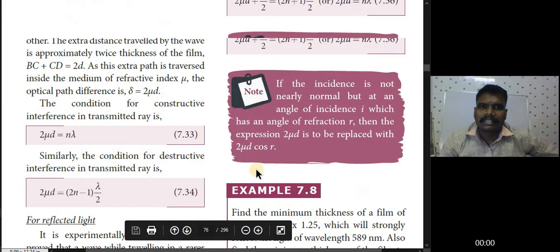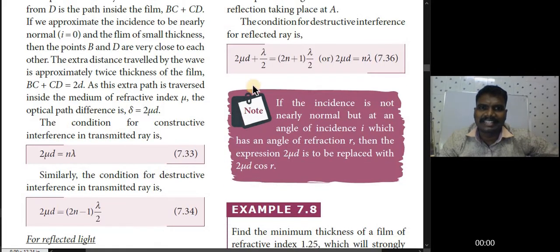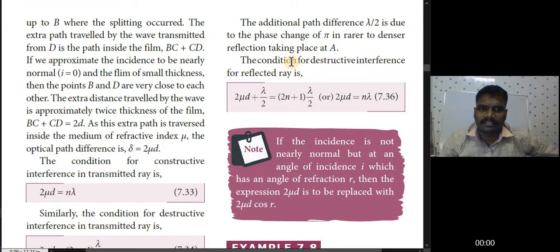Then the next important point is the reflected light for the destructive interference. The additional path difference lambda by 2 is due to the phase change of pi in rarer to denser reflection taking place at A. The condition for destructive interference for reflected ray is 2 mu d plus lambda by 2 is equal to (2n plus 1) lambda by 2, or 2 mu d is equal to n lambda.